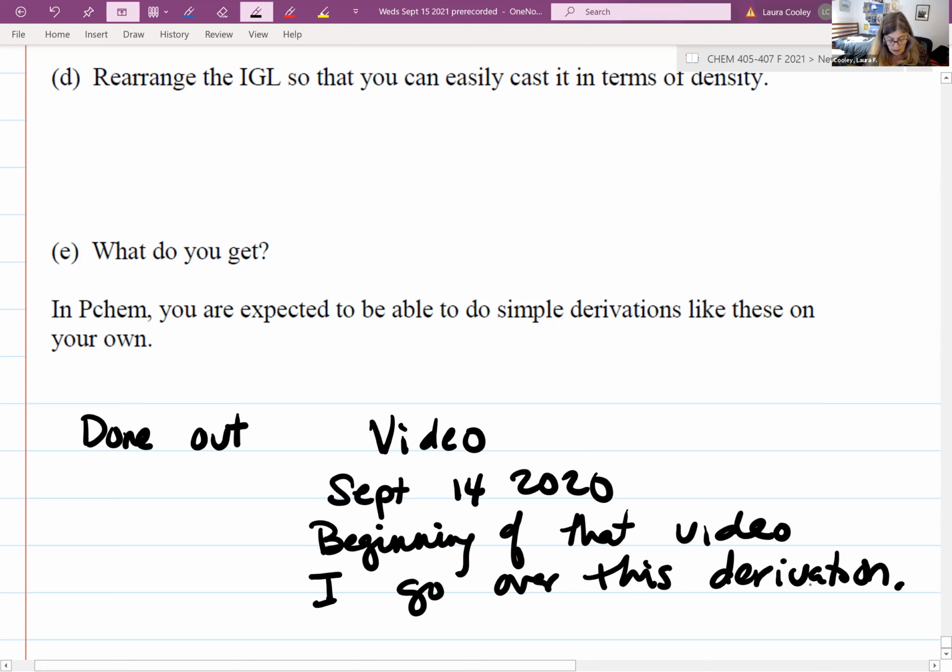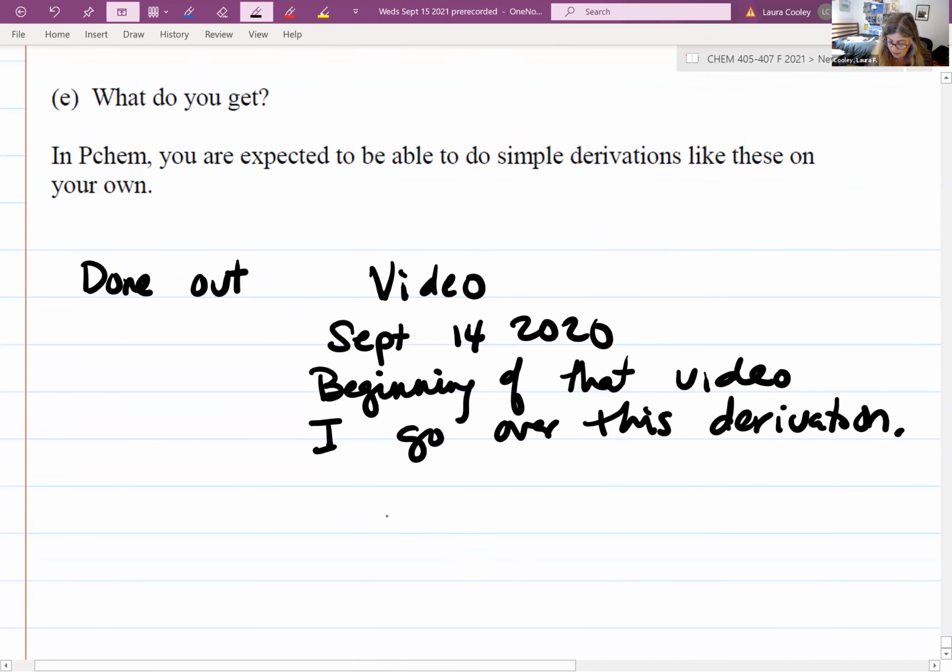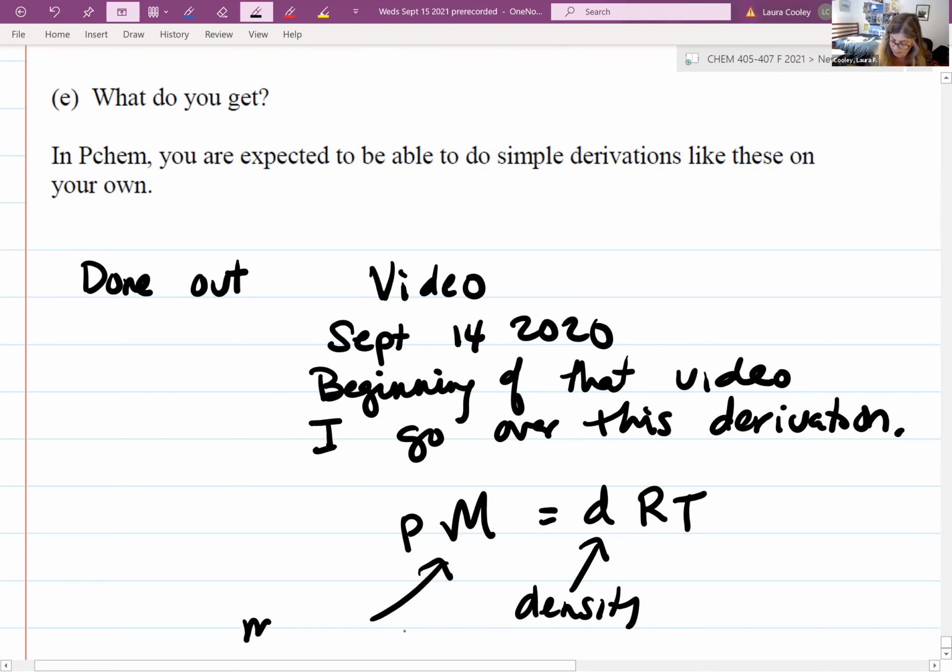You should be able to come up with it. The equation I'm looking for you to get is this one, where this is the density and this is the molar mass. That's all I have to say for today. See you next time.